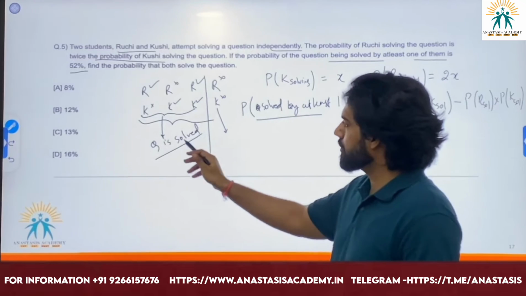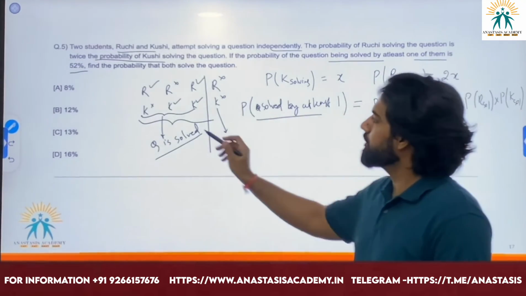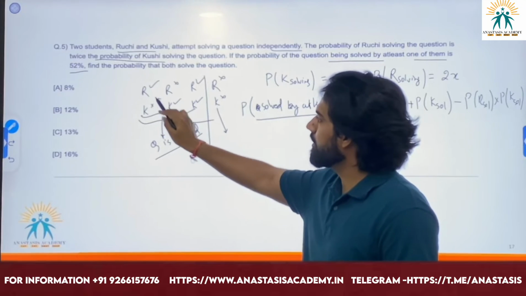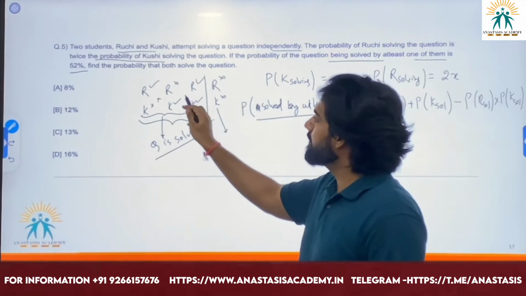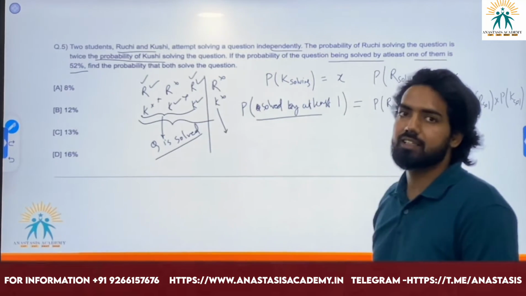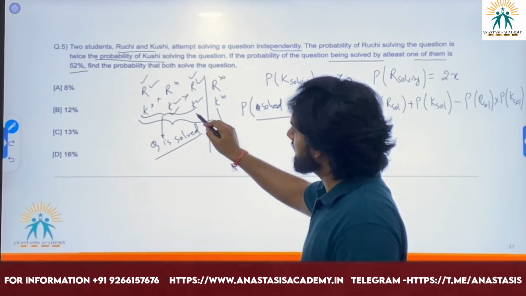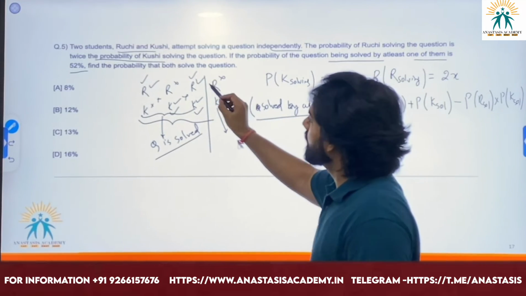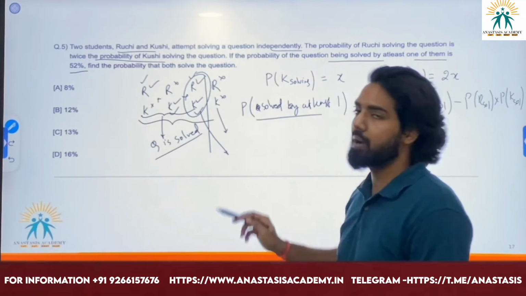So if at least one of them solves, I have to add these probabilities. The probability of Ruchi solving involves these 2 cases, because Ruchi solves in this case and in this case also. The probability of Khushi solving includes this case also. So the case when both of them solve is added twice.